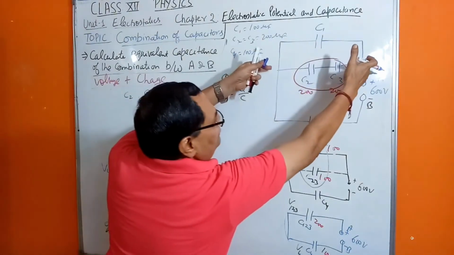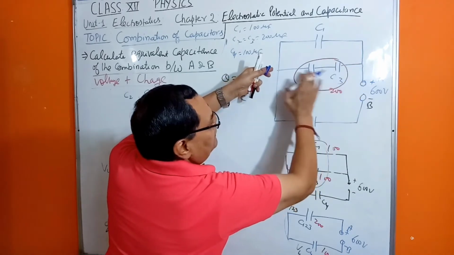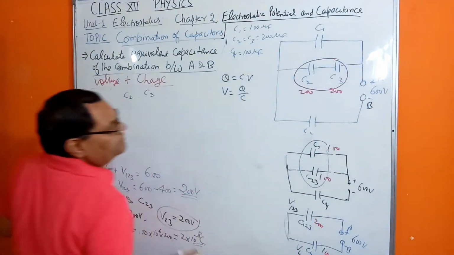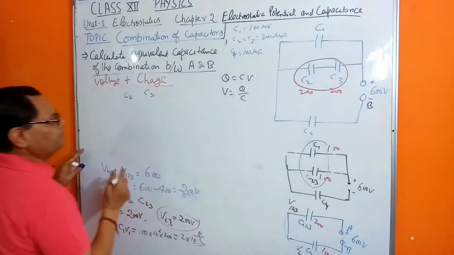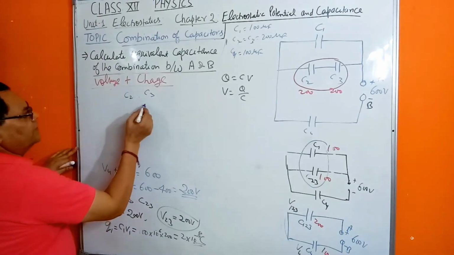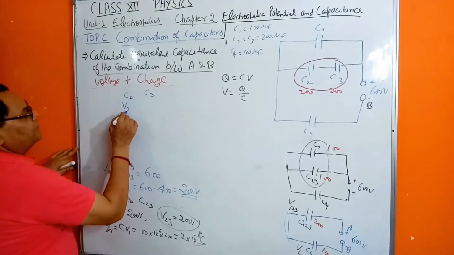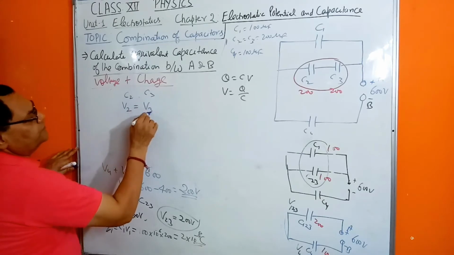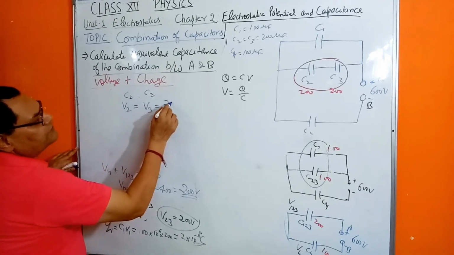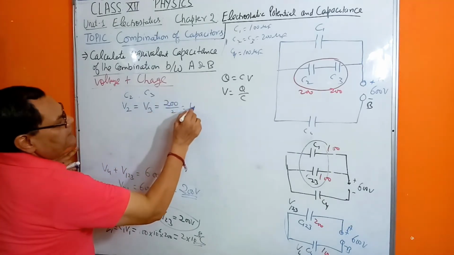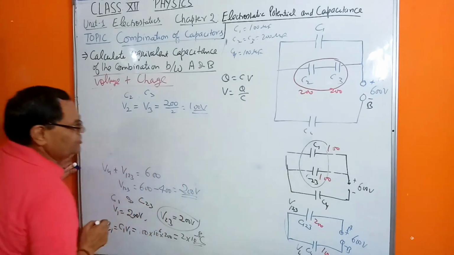The total voltage across this was 200, but being in series it will divide equally because the capacitance is the same. So V2 will be equal to V3, and we divide 200 by 2, that is 100 volts each.